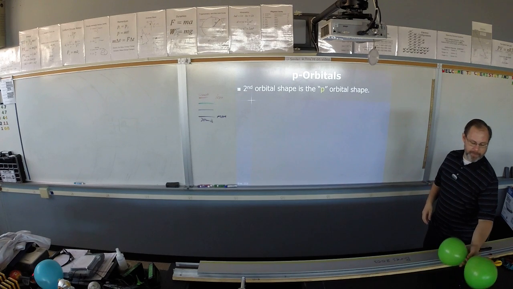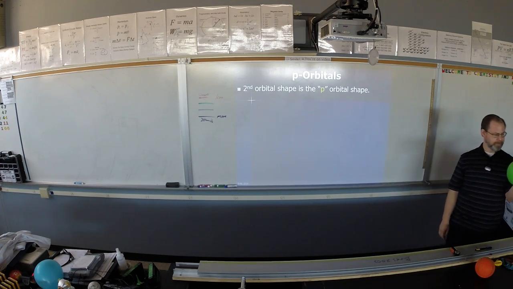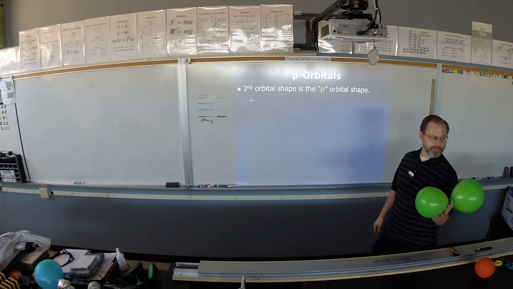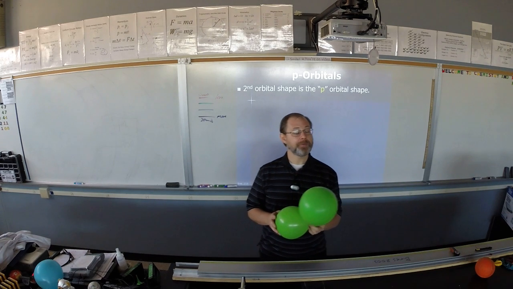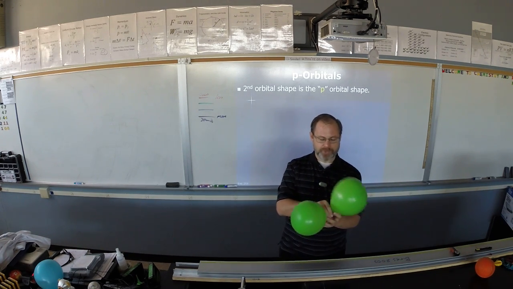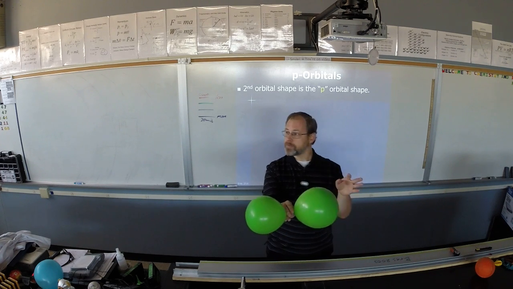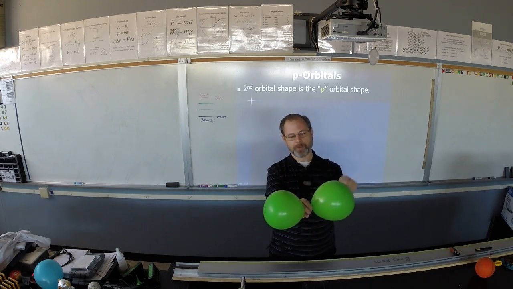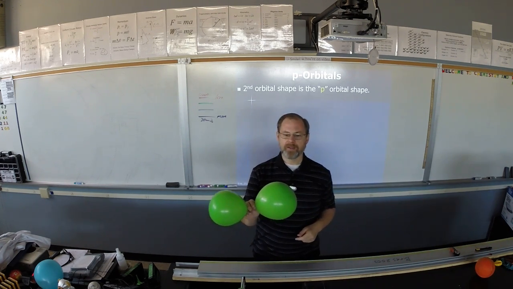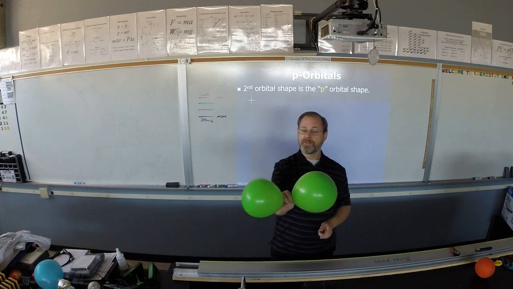So this is the shape of the p orbital. It's a three-dimensional infinity, like a dumbbell shape. The p orbital is kind of dumbbell shaped, and there are two lobes, and the electrons can cruise around between whichever lobe they want. The p orbitals can be rotated in space.